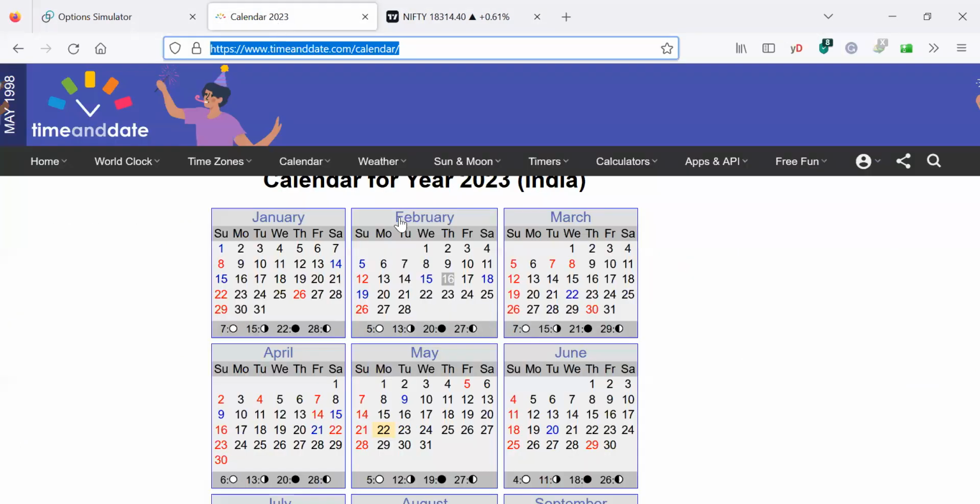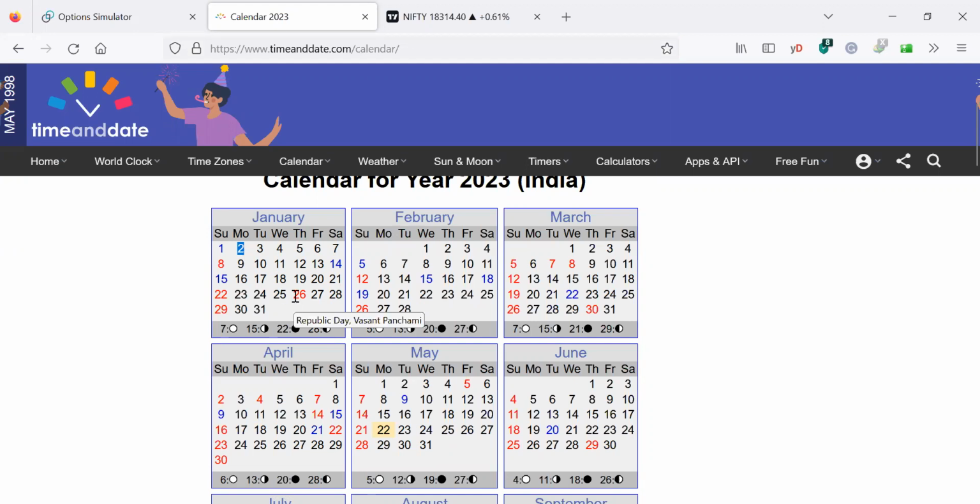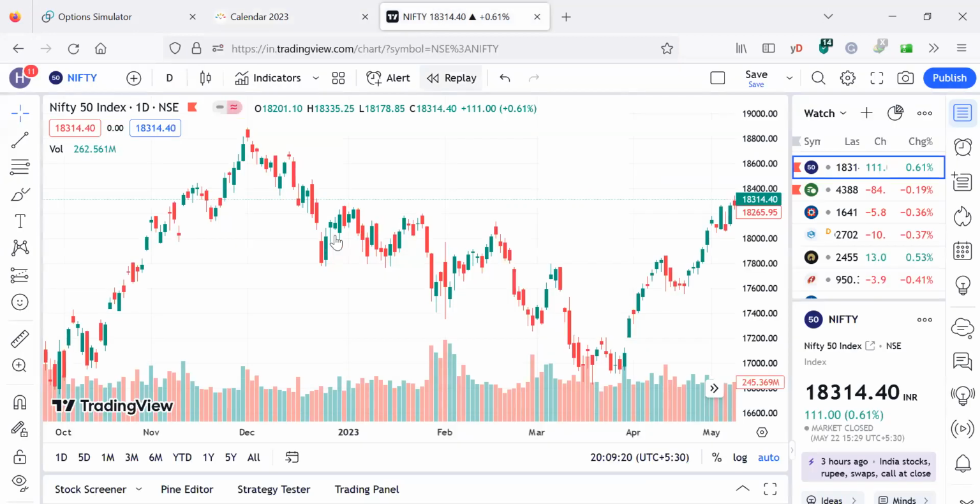I don't have the reference of 2022 right now. Let us say I have created the strategy on 2nd of January. The expiry will be the last Thursday, but here, if we check, there is a holiday, so I'm going to select 25 January. If I look at the January month, it is a consolidated month.